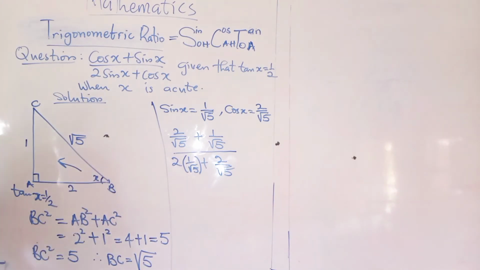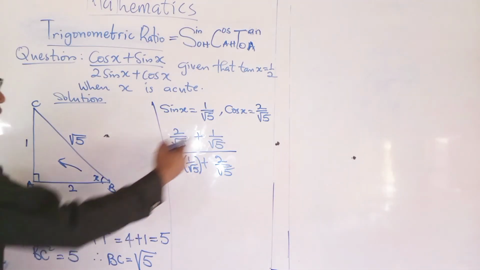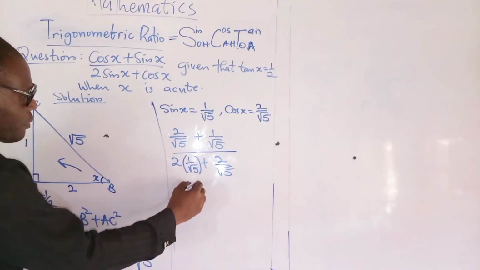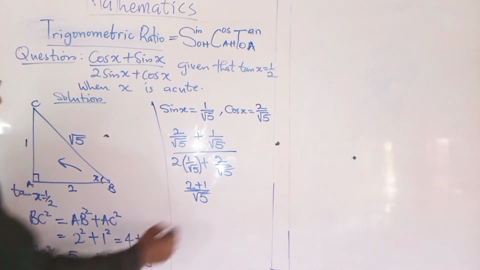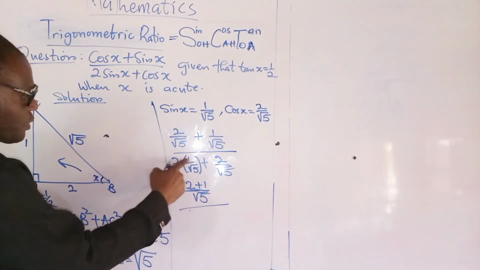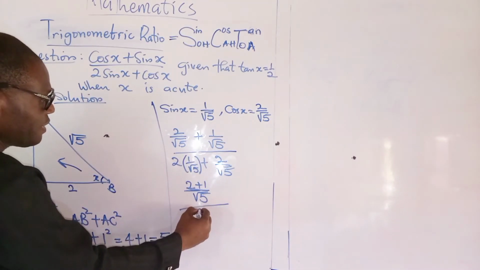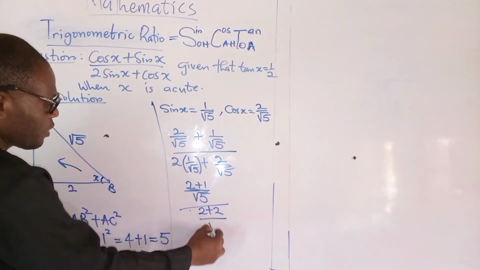So we do the manipulation. Of course, the LCM of square root of 5 and square root of 5 is square root of 5. So here we have 2 times 1, 2, plus 2 divided by square root of 5.